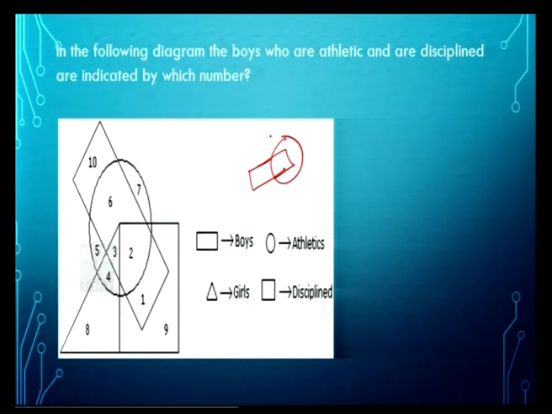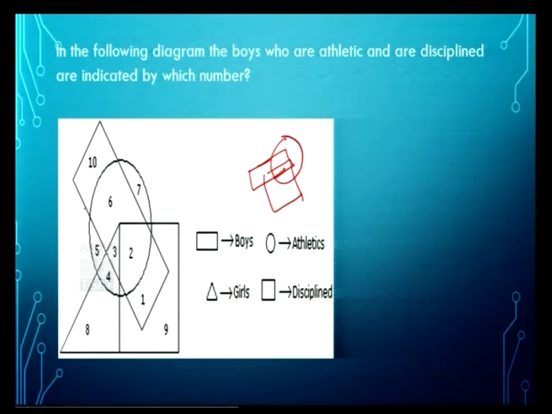And the next, they are disciplined. Boys means rectangle, athletics means circle, and discipline comes under the square. So now we have to find the number which is under the rectangle, circle and square.